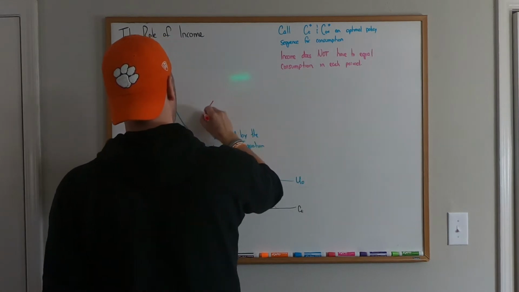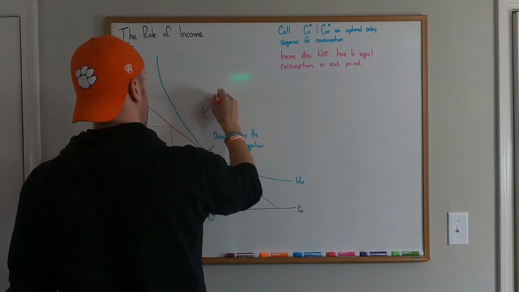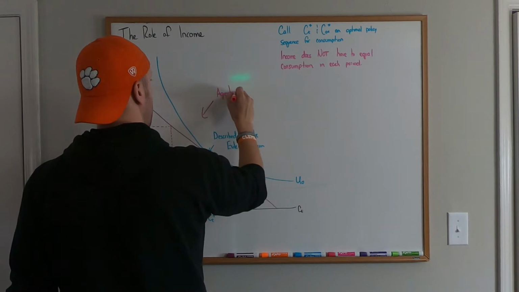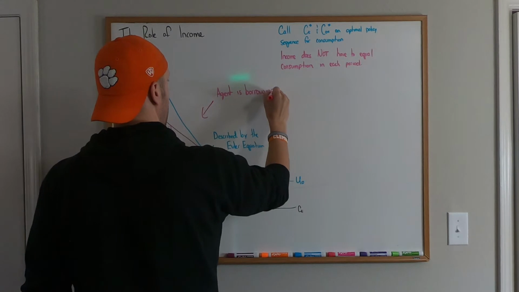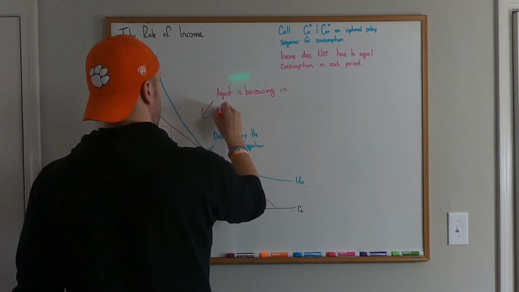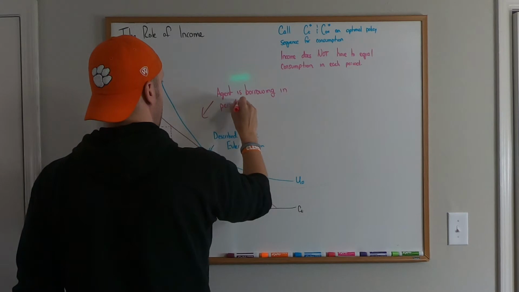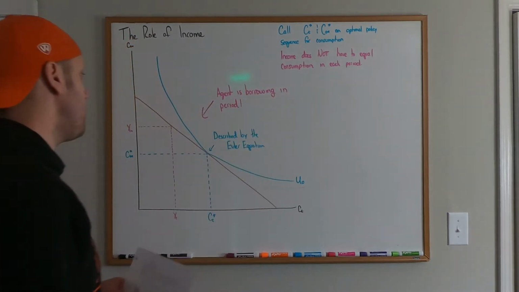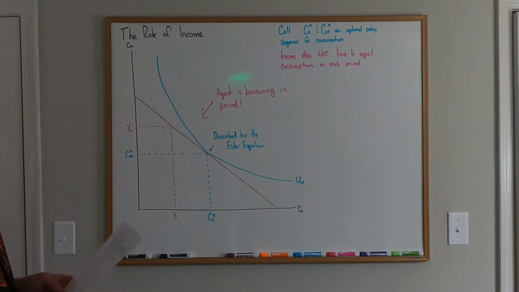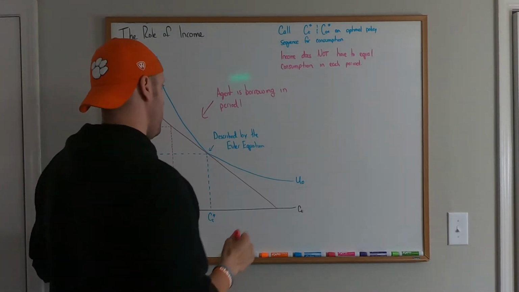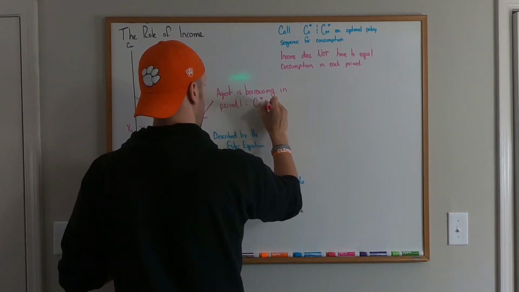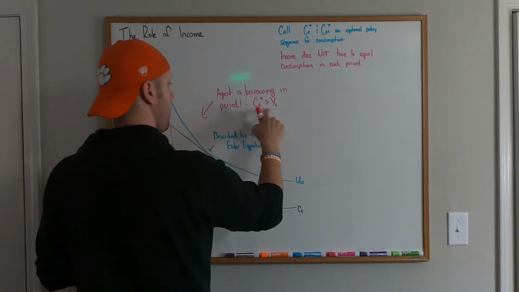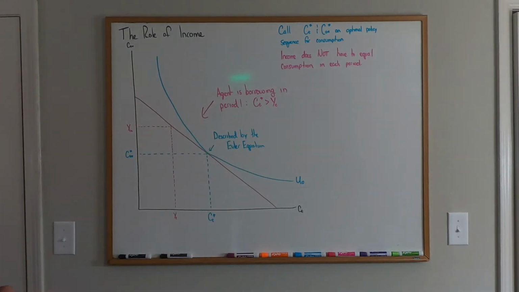So here, what's happening is the agent is borrowing in period 1. How can we tell? Because CT star is greater than YT. In English, this means current consumption is greater than current income.